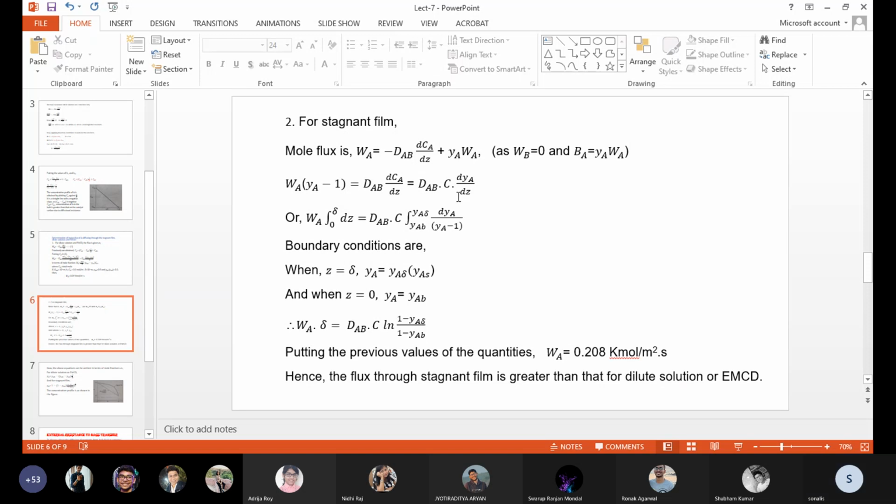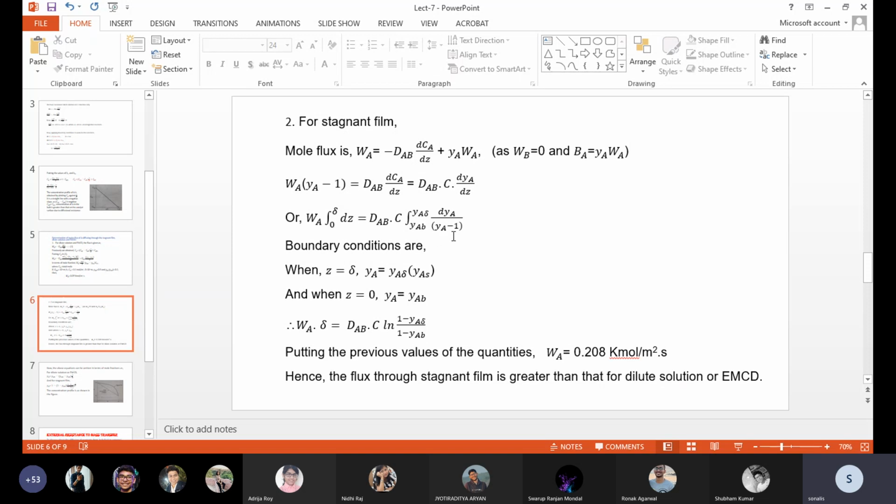We made the fraction of this equation. Now the boundary conditions: when Z is equal to delta, Y_A is Y_A delta or Y_AS. When Z is equal to 0, Y_A is Y_AB.